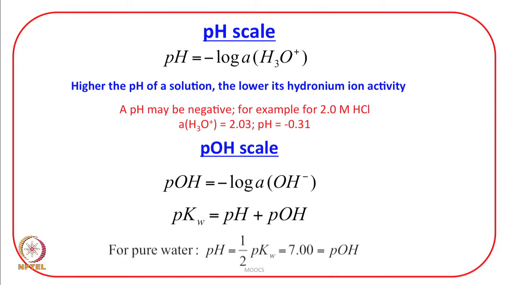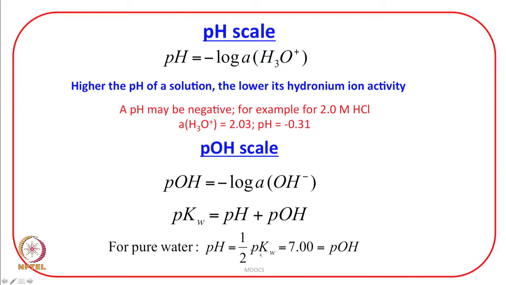For pure water, pH is equal to half pKw, because pH and pOH are the same. Therefore, pH will be equal to just half of pKw.